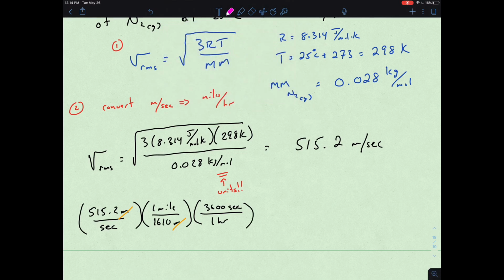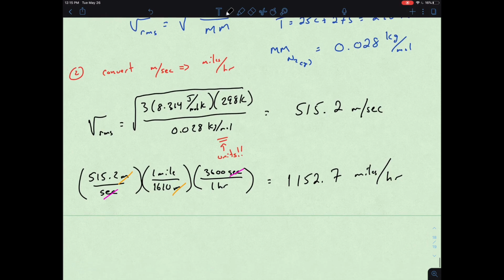So now getting rid of the second value, and we're left in terms of miles per hour, or 1,152.7. And if we look at our sig figs, we're probably looking at around 2 sig figs for this answer. So we're looking at roughly 1,200 miles per hour. So they actually travel quite fast on these gases.